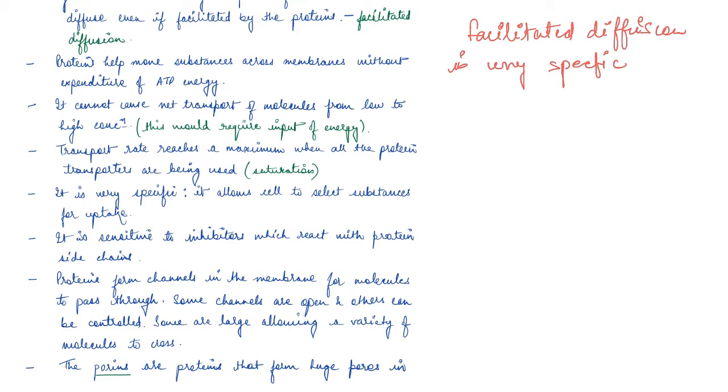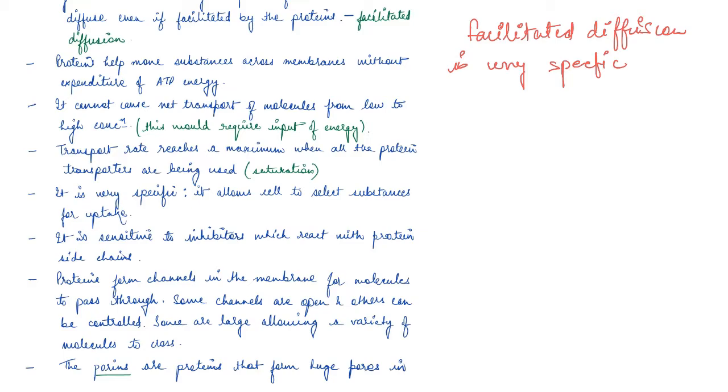So basically it allows the cell to choose the uptake, whether the cell wants to allow the substance to come across the membrane or not, right? So basically, it is sensitive to inhibitors which react with the protein side chain.